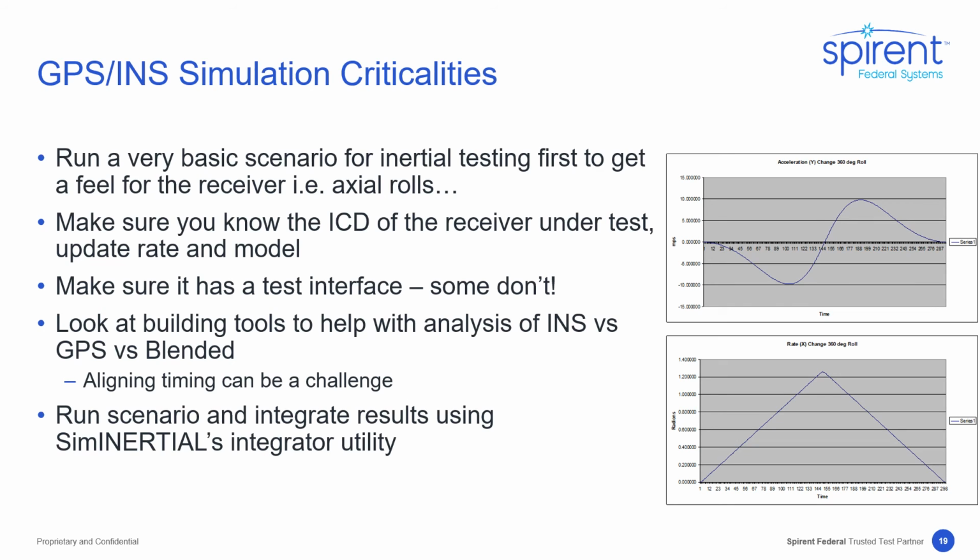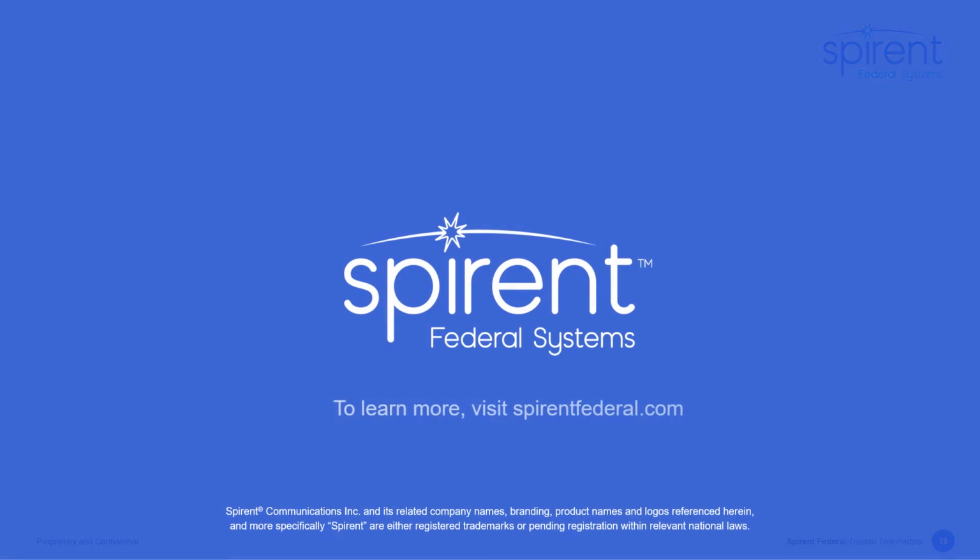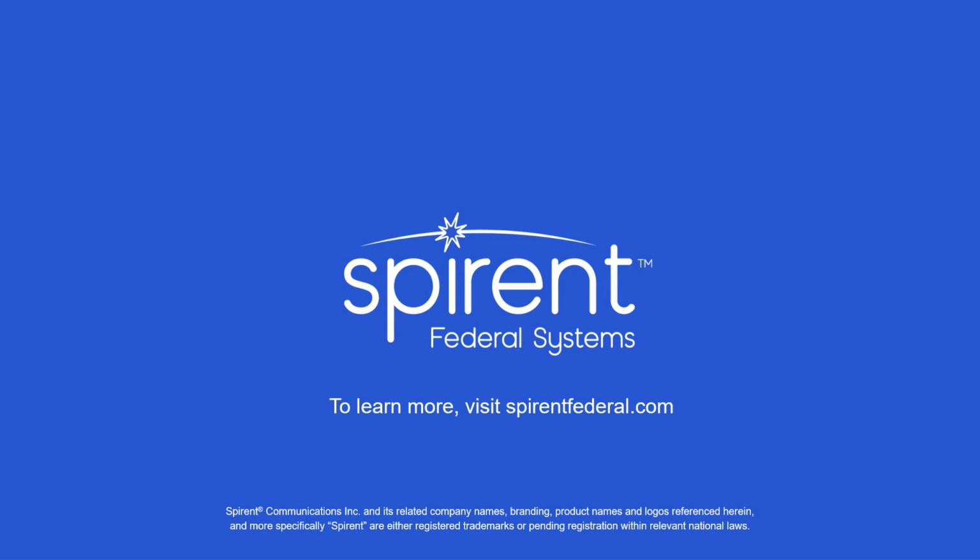Validating all information about the UUT is extremely important to root out any basic issues of data processing, including whether a test interface is included on the specific model. Building custom tools for analysis of navigation solutions, the GPS, INS, and blended solutions can be very advantageous. Use of the SimInertial integrator utility is also helpful in post-scenario analysis.